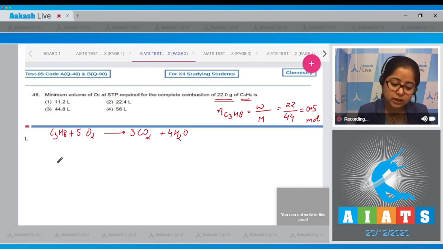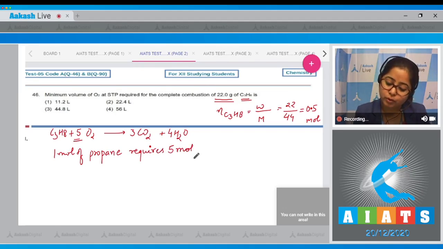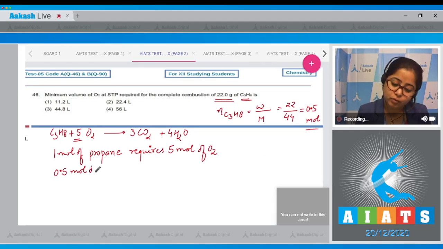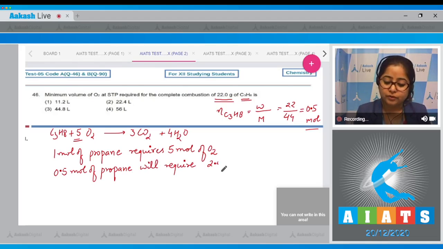So students, it is very clear that 1 mole of propane requires 5 moles of O2. Here I'm writing requires 5 moles of O2. Therefore, 0.5 mole of propane will require 2.5 moles of O2.